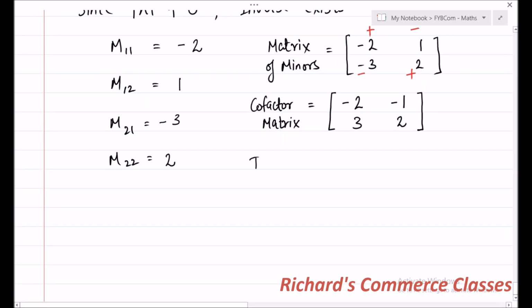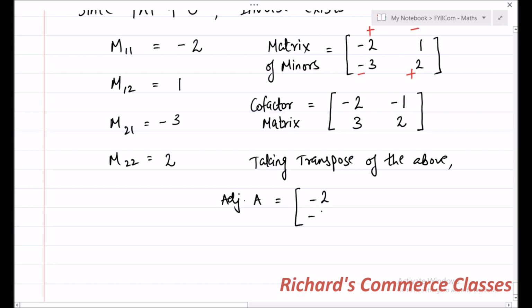Finally, taking the transpose of the above, what we get is the adjoint of A, which will be -2, -1, 3, and 2.